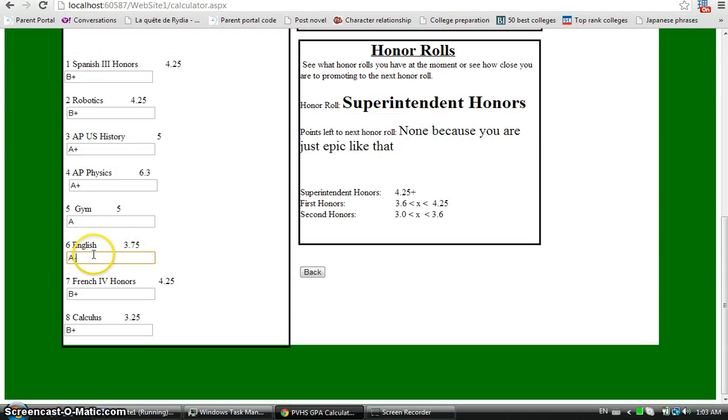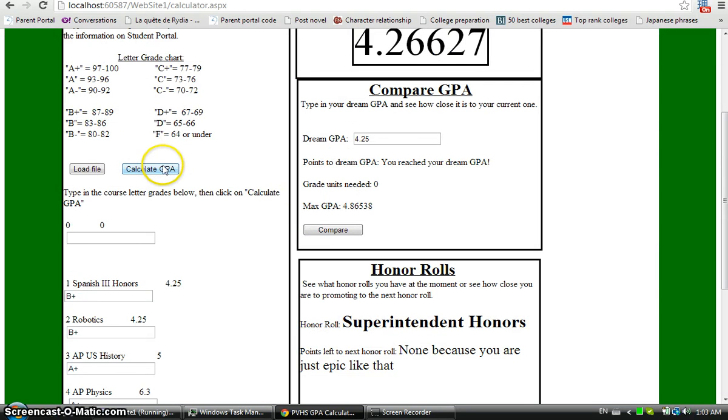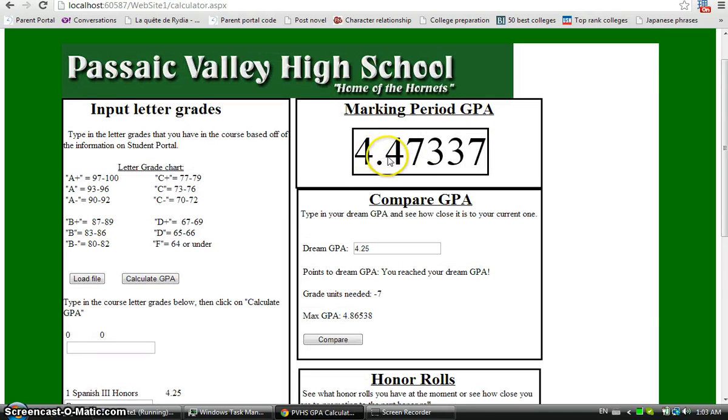A plus, A plus, A plus. Okay. Your GPA is a 4.47. That's much higher than a 4.25. If this were to happen, you would actually get a negative value for grade units.